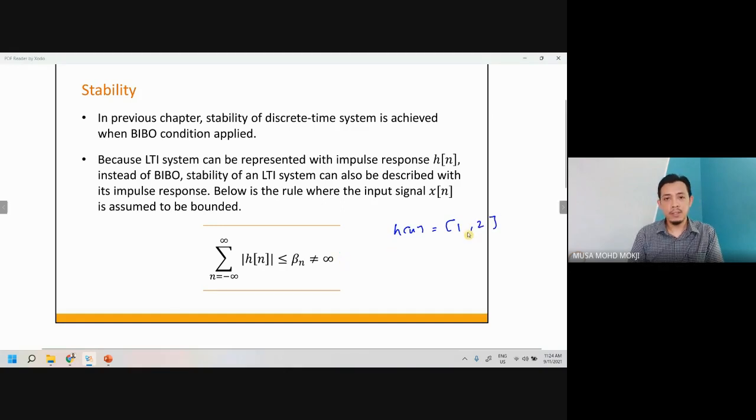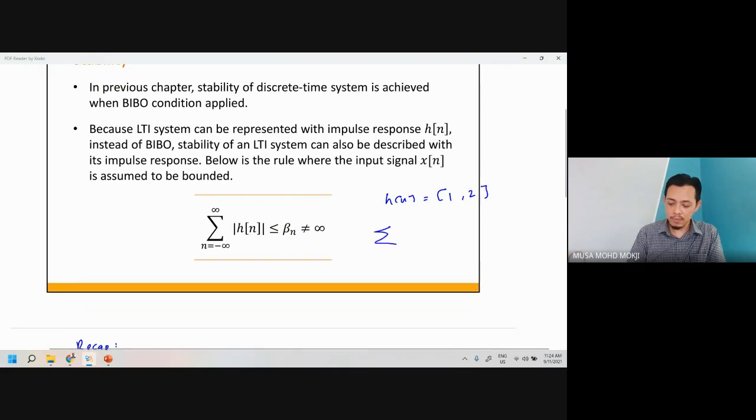Okay, so this is actually obviously stable, because if we put it into this equation, the summation of hn, so you need to have the absolute value. This is index 0, this is index 1. So n starts from 0 up to 1.